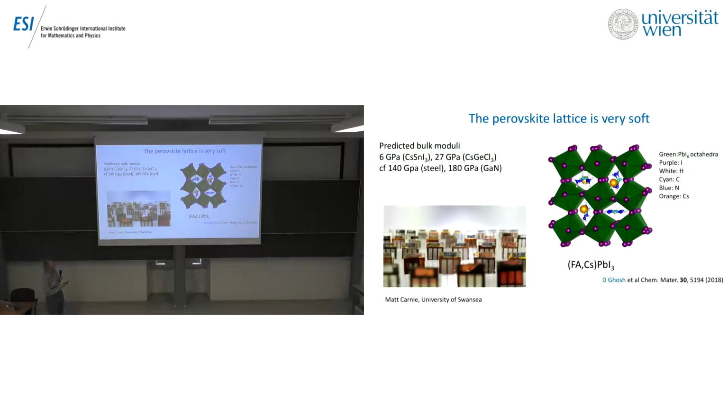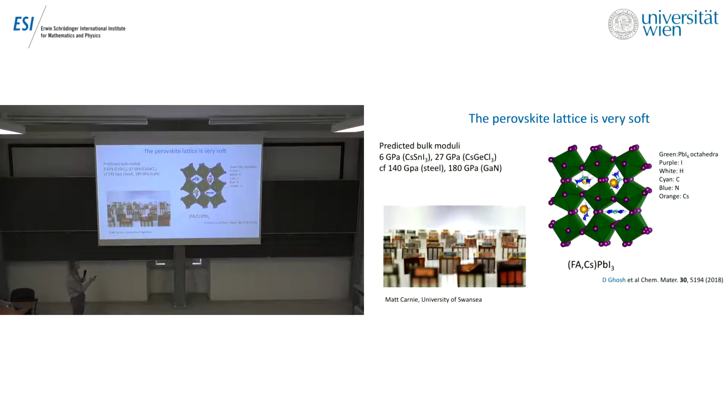So just a point for those of you who aren't so familiar with perovskites, and this is a point that Jarvis has also made and others. The perovskite lattice is very soft, it's very deformable. And in fact, it has a bulk modulus two orders of magnitude lower than steel, just to ram that point home.